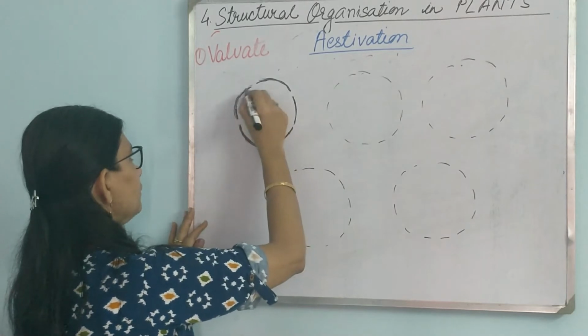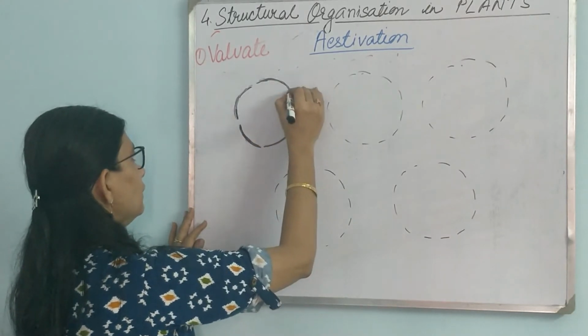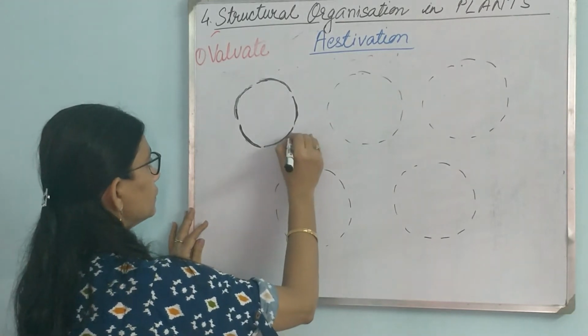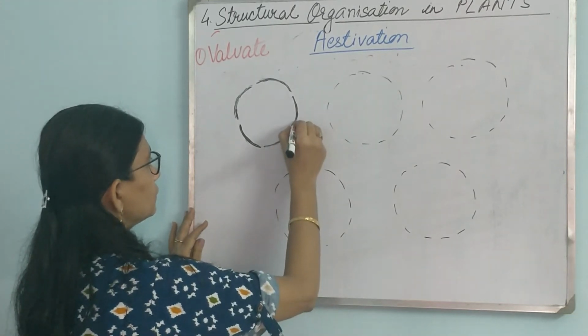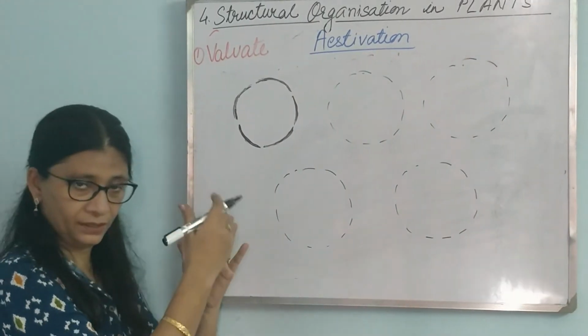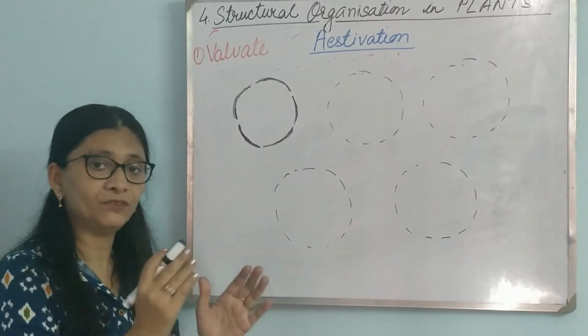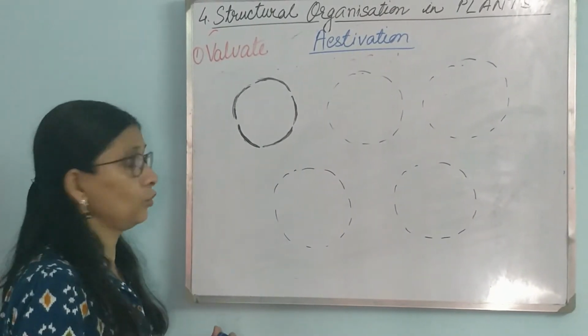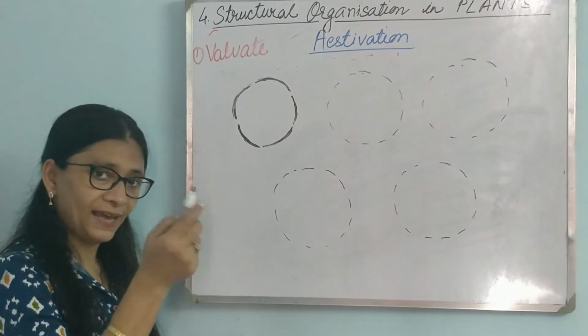Now, this is the first type of arrangement. I hope it is clear. So, here we can see that the individual parts are arranged side by side. They are not overlapping anybody. They are not touching anyone. They are just lying side by side.